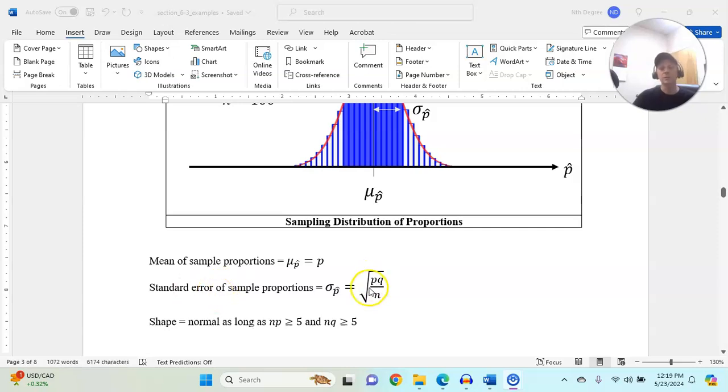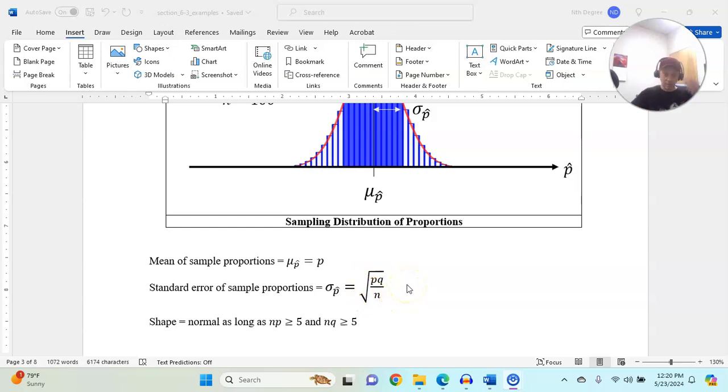The next one is not intuitive at all, but fortunately it has a very simple formula. The standard error of sample proportions, aka the standard deviation of these proportions, turns out to be the square root of PQ over N. So now I hope I'm impressing on you how important it is to understand which numbers represent which letters, because these formulas give you letters.